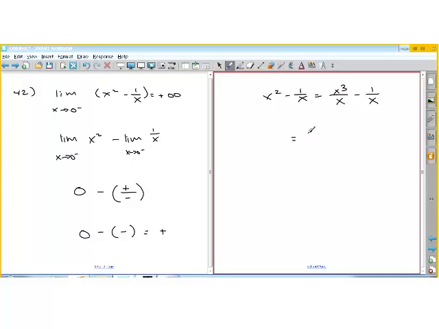Adding the numerators, now you get x cubed minus 1 over x. So you can see that the function is undefined at x equals 0. But you've got a cubic equation in the numerator, and I think if you factor that, you'd have x minus 1 times x squared plus x plus 1. I think that's what it is.